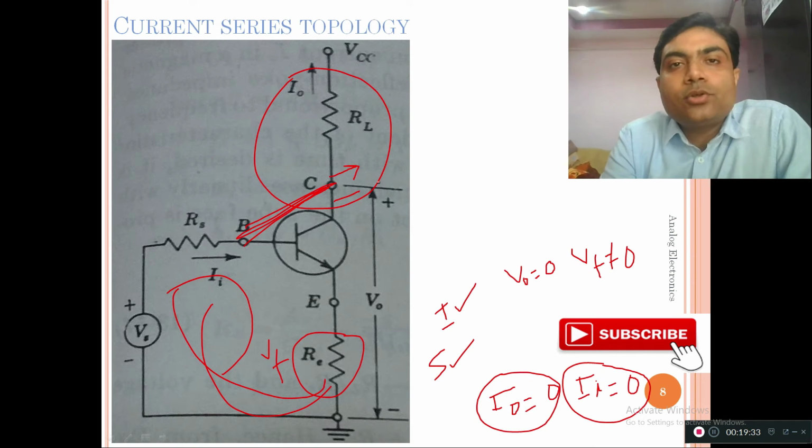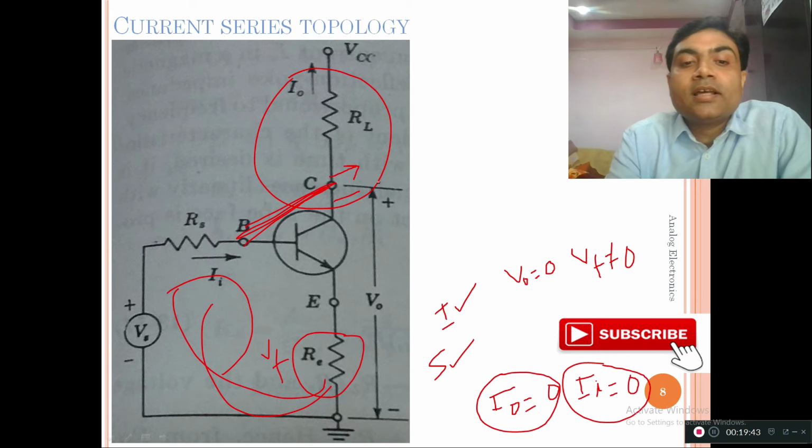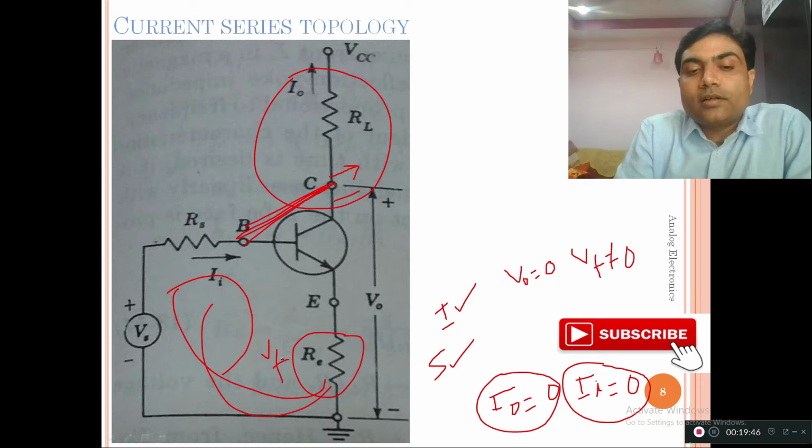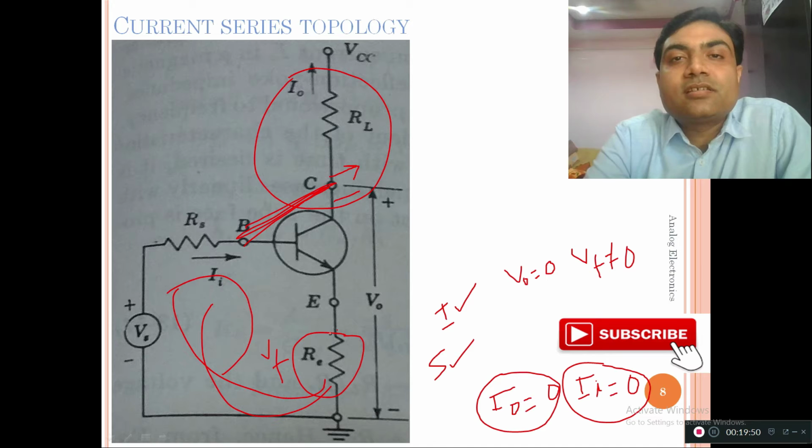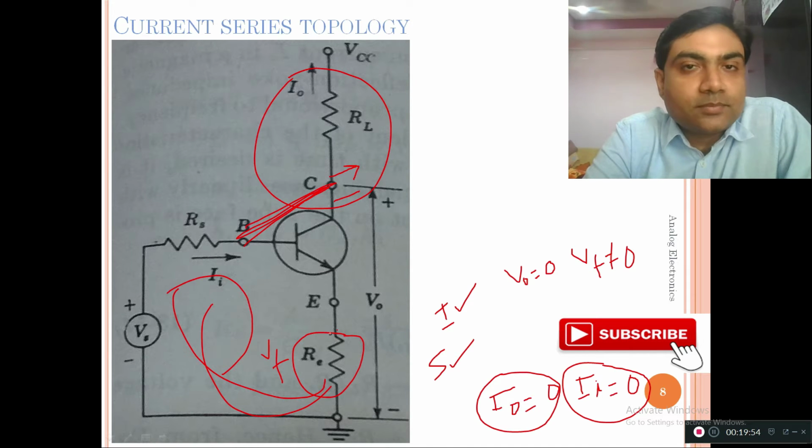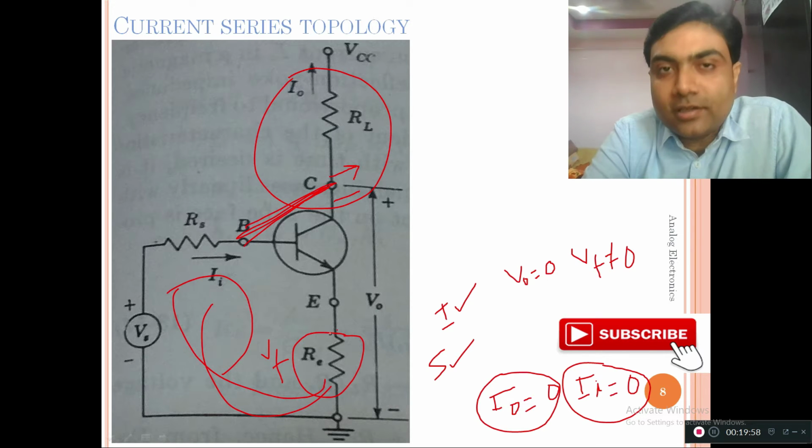I would suggest you go through the previous lecture where I discussed the source follower circuit, that is the emitter follower circuit, the common collector circuit. There we discussed VF and VO present across the same resistance, that is the RE, and we had not considered RE at both sides. RE was present at the output circuitry only and not at the input circuitry.